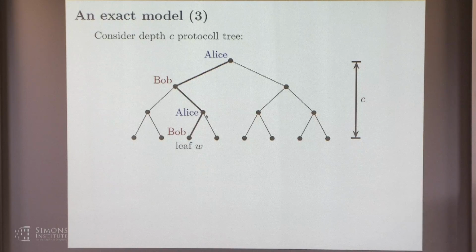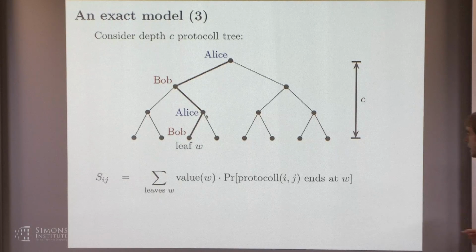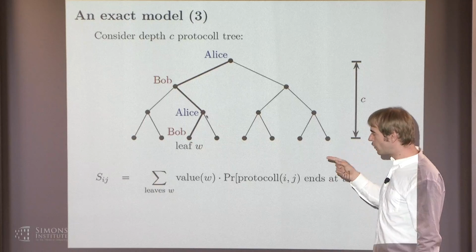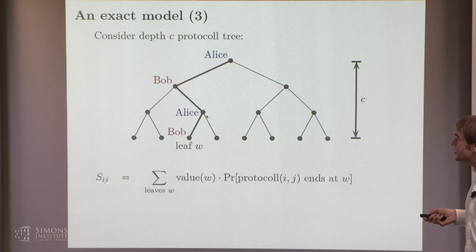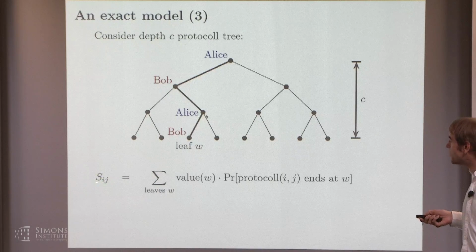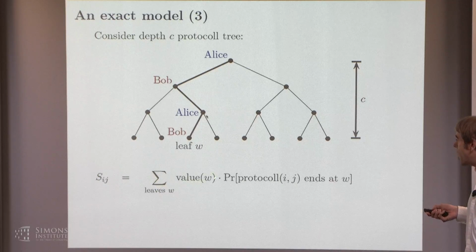Well, let's think a little bit about what we actually get. At the end of the day, what we are getting is the entry in the slack matrix, and this is the expectation. So we may end up at every one of the leaves. Bob or Alice are going to output some non-negative value, and there's going to be some probability that, given the inputs i and j, the protocol ends up at that leaf.